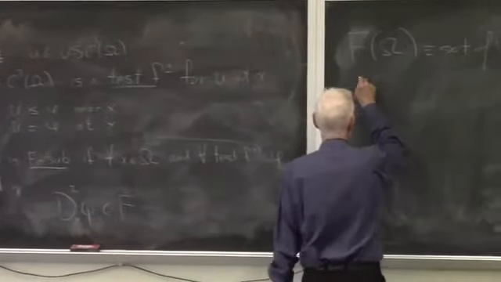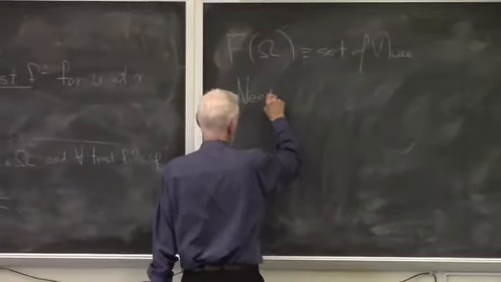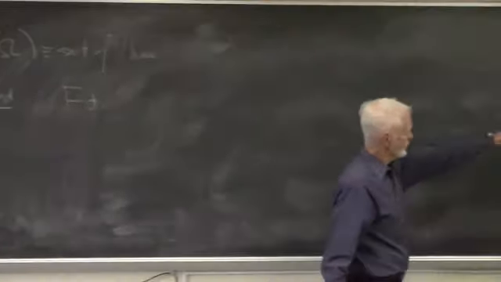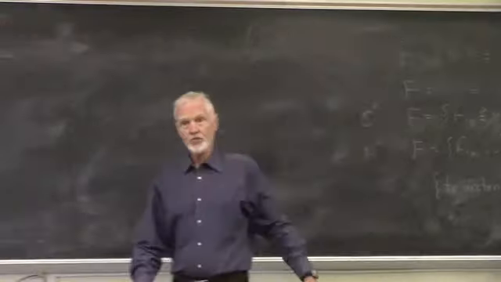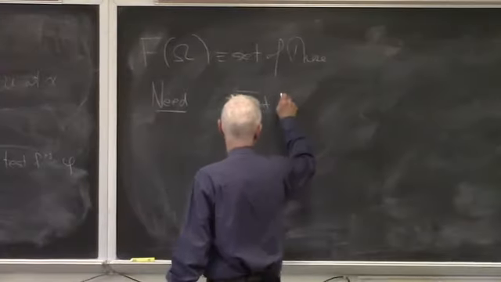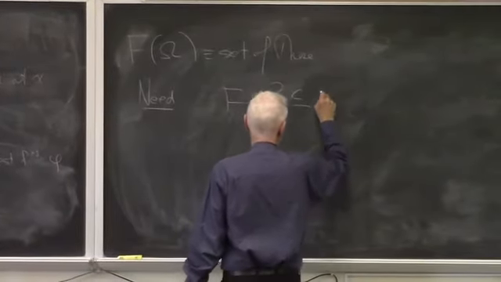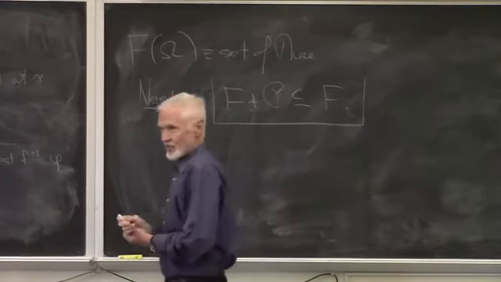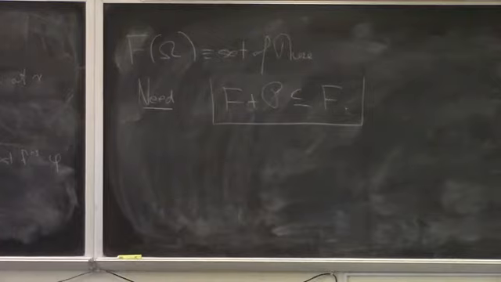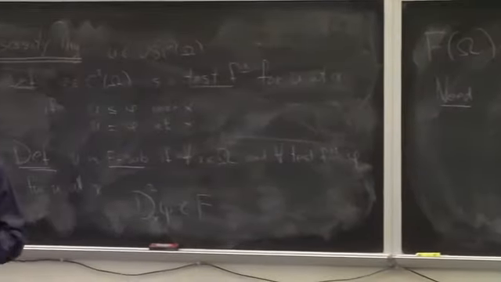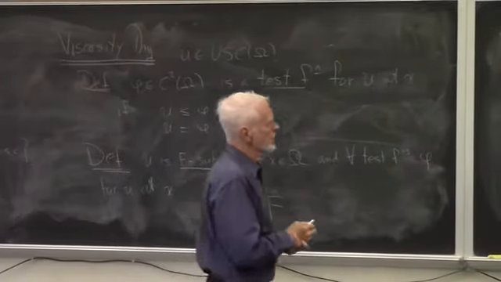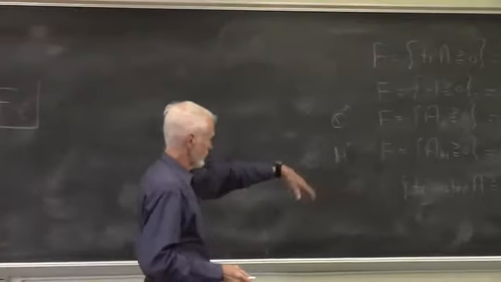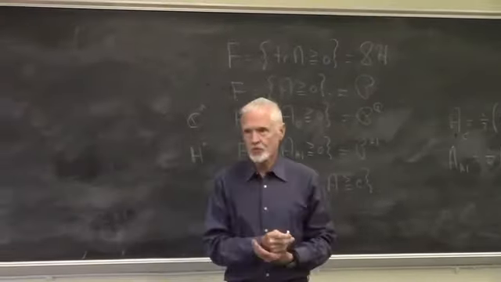The condition is that whenever I add a positive semi-definite matrix to F, you remain in F. This is a certain weak ellipticity condition or positivity condition. It's satisfied by all of these, and it will be satisfied by all the many other examples I'm going to write down.